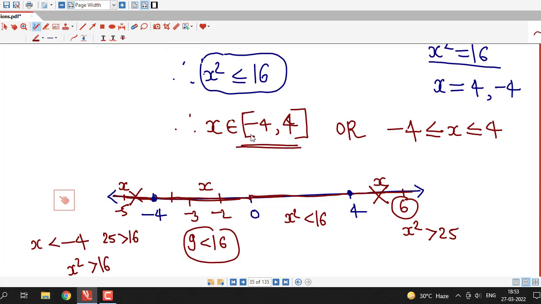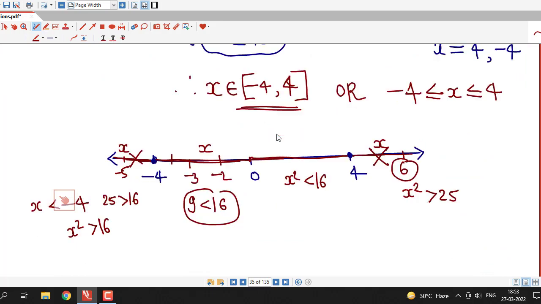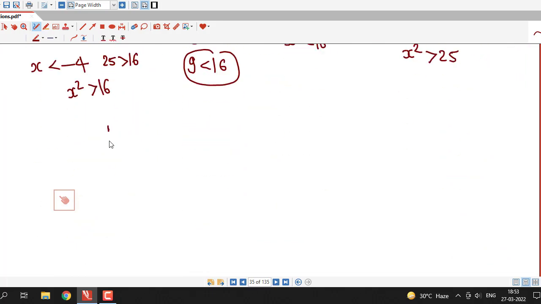So this closed interval minus 4 to 4 is the domain of the given function. So we can write that the domain of f, we can write in different ways.